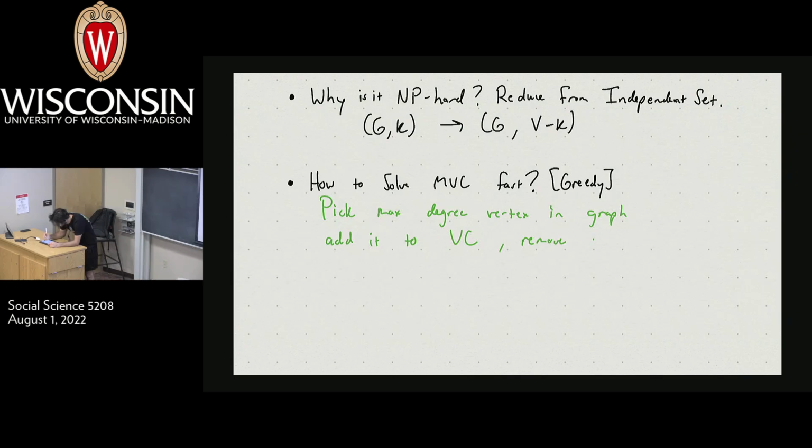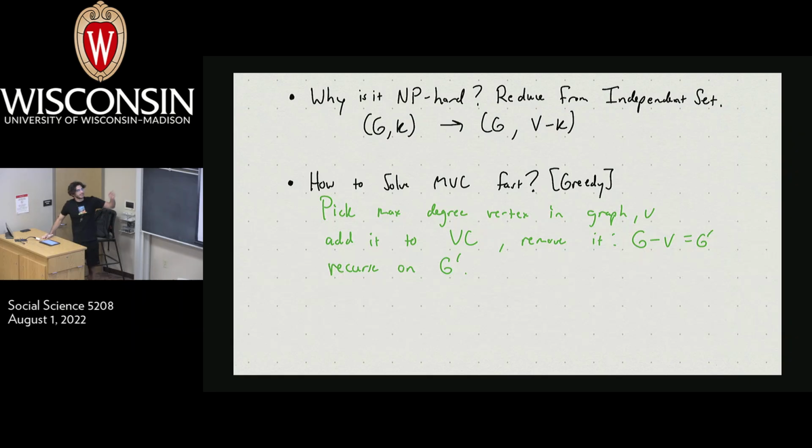So let me call this V, and then we remove it. This is now G minus V. So this removes V and all the edges touching V. So we remove it to get G minus V, which is G prime, and then recurse on G prime. So this is how we're going to build our vertex cover.